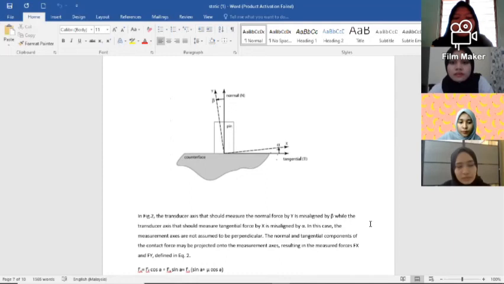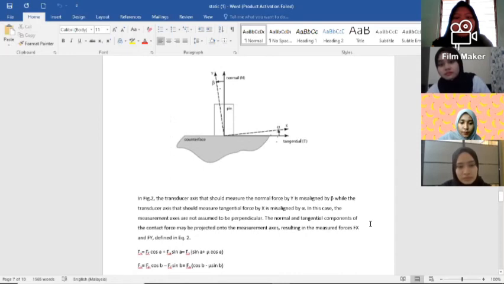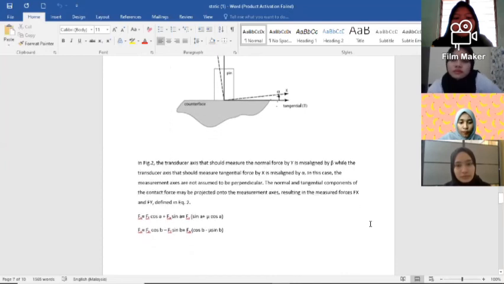In this case, the measurement axes are not assumed to be perpendicular. So, the normal and tangential components of the contact force may be projected onto the measurement axes, resulting in the measured forces Fx and Fy, and it is defined in equation 2.